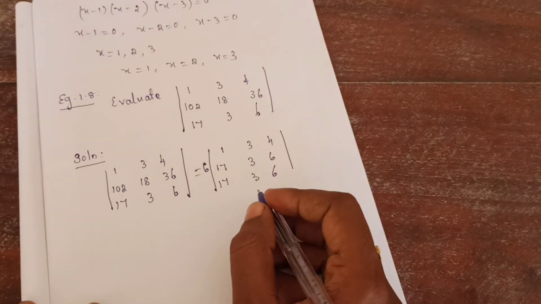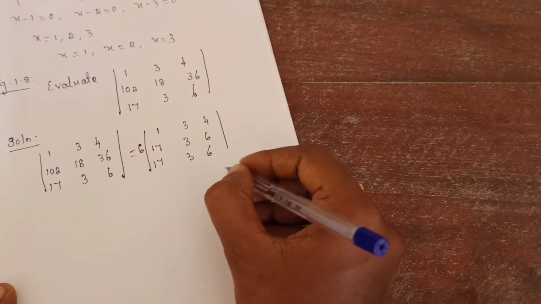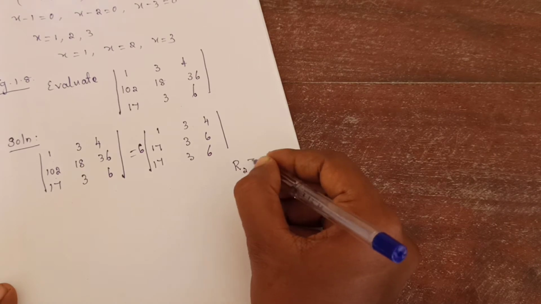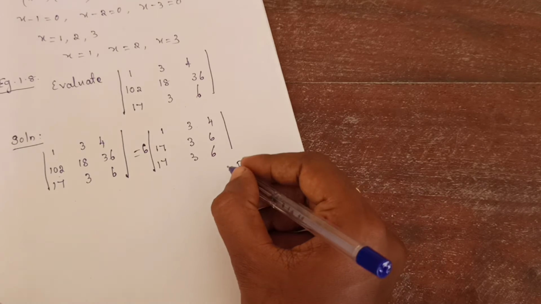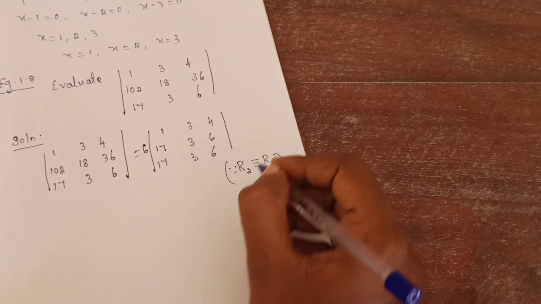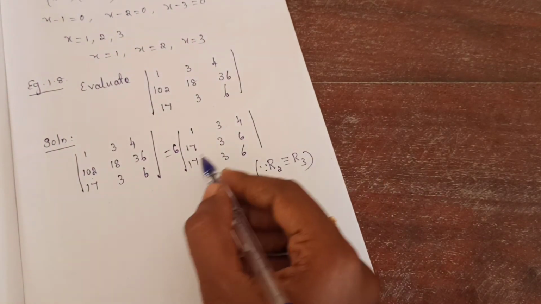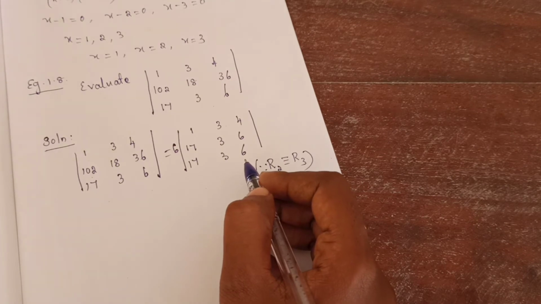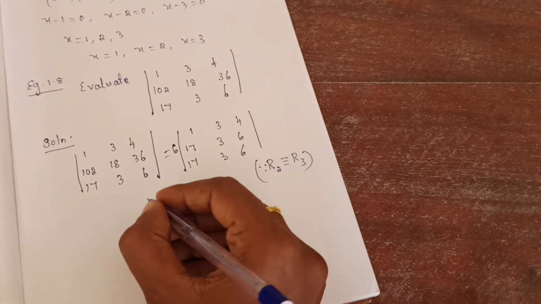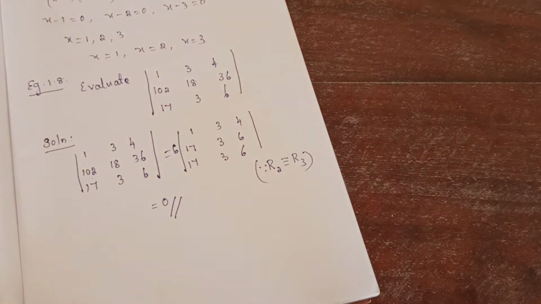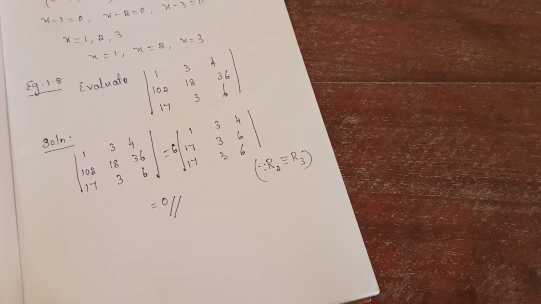Now see this determinant: whether R2 and R3 are identical. R2 and R3 are identical. Yes. If two rows of a determinant are equal, what will you say the value is? 0. Understand? You need to write the property on the side.